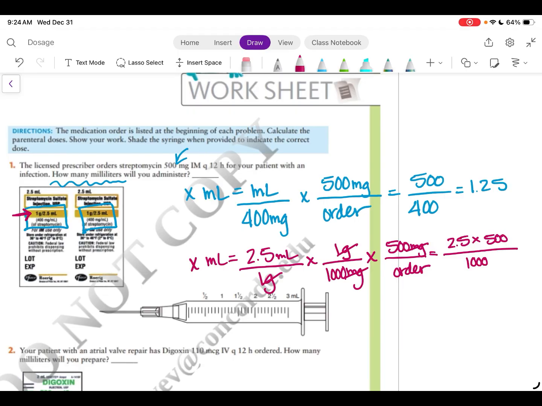And you still get the 1.25. I'm just going to write it right there, 1.25. Okay. So, just an extra step, which is why I usually prefer to look for the smaller dosage on the label if it's available to me, because then I can just do the blue one that takes one less step. Okay.